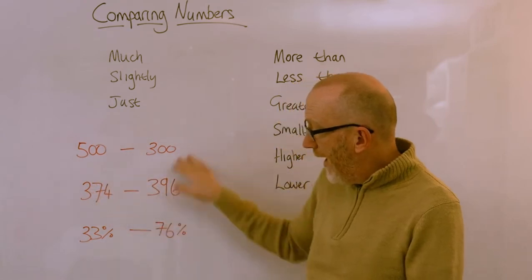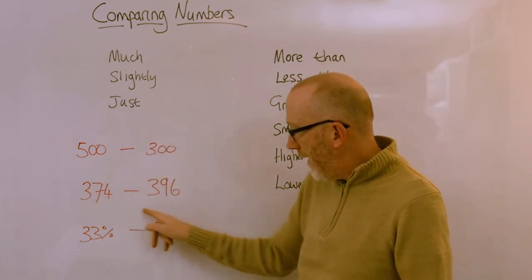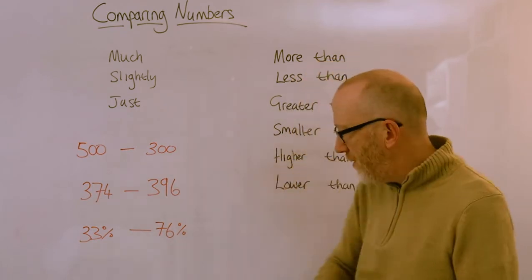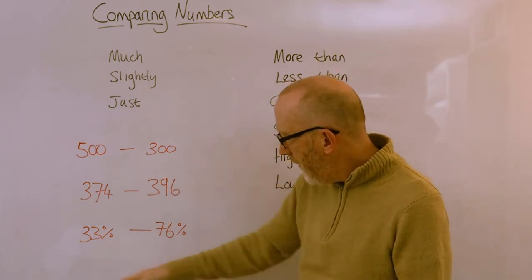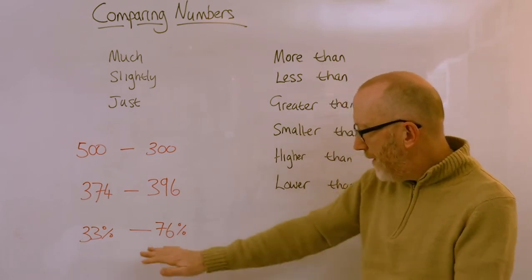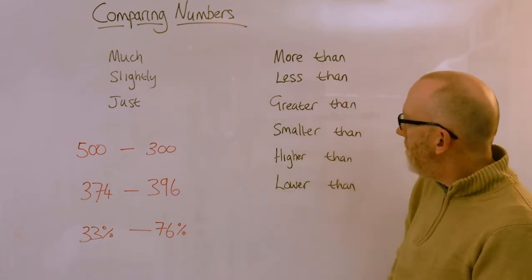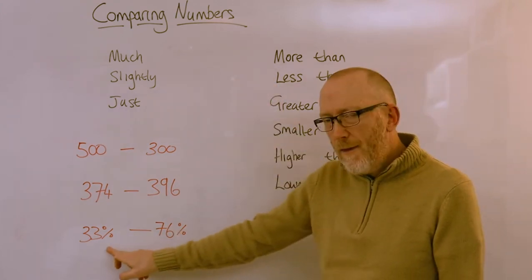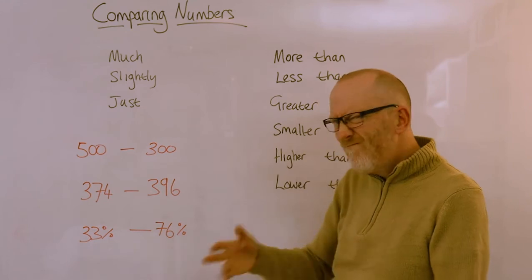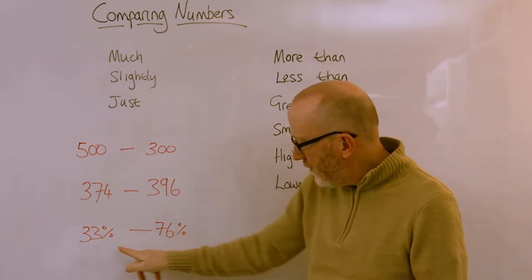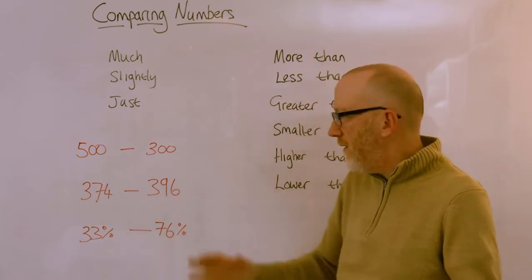Okay, you might not have specific numbers, you might have percentages, or you might have fractions, as we mentioned earlier. So we've got 33% and 76% here. Yeah? So, is 76% slightly more than 33%? Slightly more? No, because slightly is just a small amount, and this is percentage. So we can see there is a big difference here.